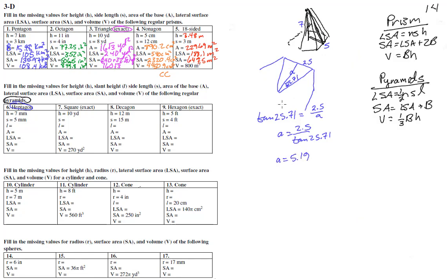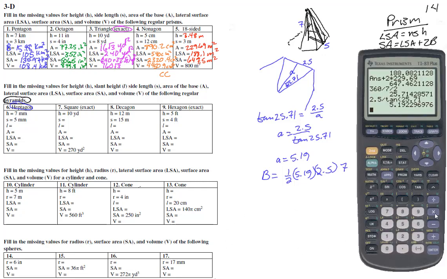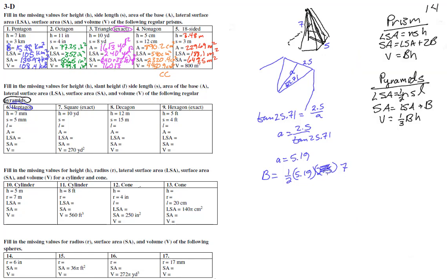So we've got 7 of these triangles. Let's figure out the area of the base. It's going to be 1/2 times the 5.19 times the side length, 2.5. That gives us one triangle times 7. Oh, I messed up there. The side length isn't 2.5.